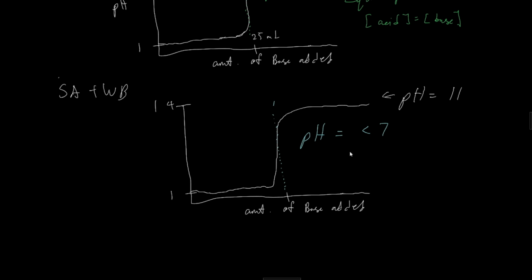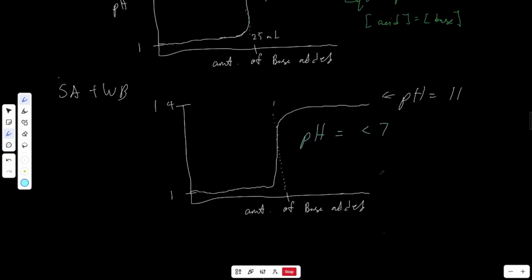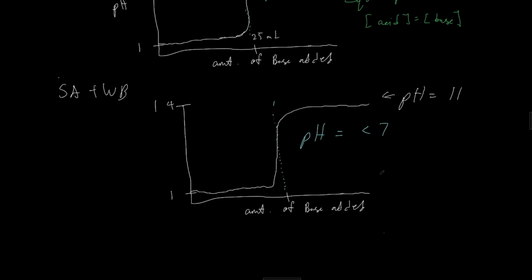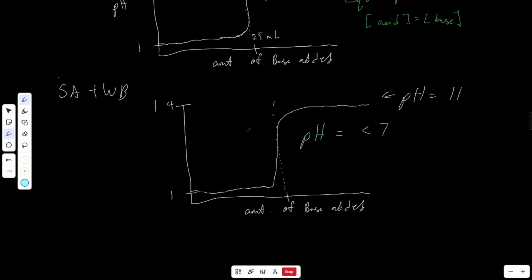Because the shift would be a lot earlier. It would still be primarily acidic as the weak base is there. The weak base cannot completely change it to equilibrate at 7, because it's weak compared to the strong acid. So that's why the pH at the equivalence point is slightly less than 7.